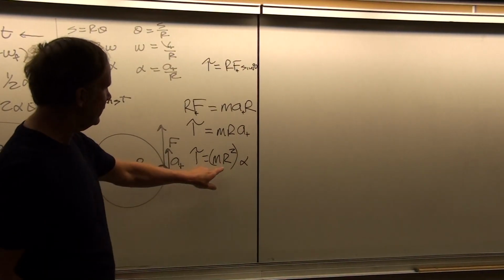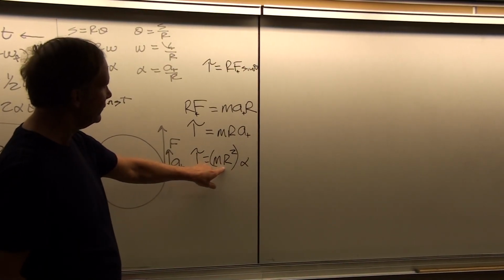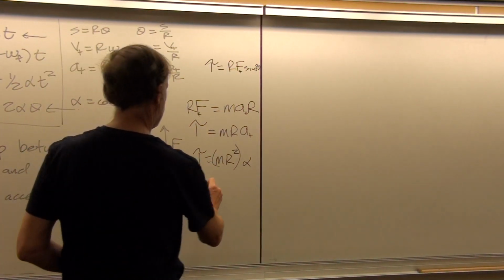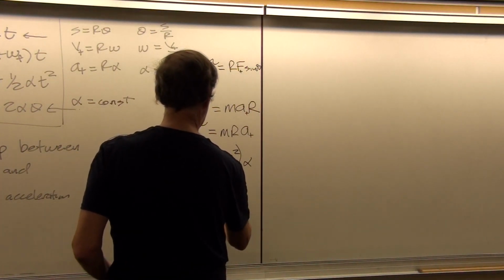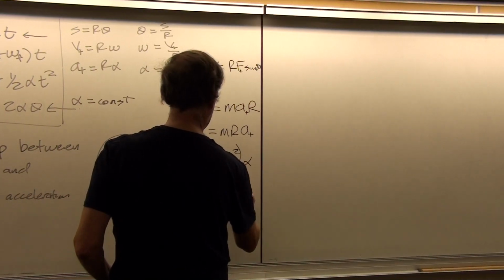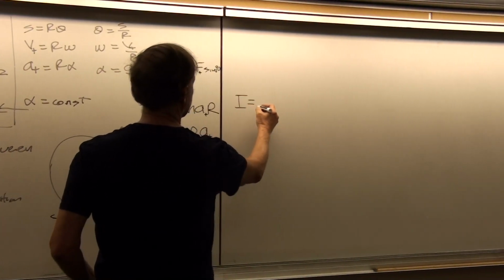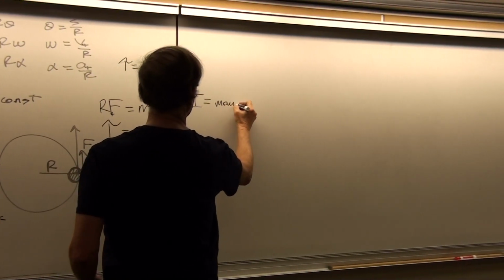And then we'll call this term that looks kind of like an inertia term our moment of inertia. So we'll say the torque then is equal to I alpha, where I is defined as our moment of inertia.